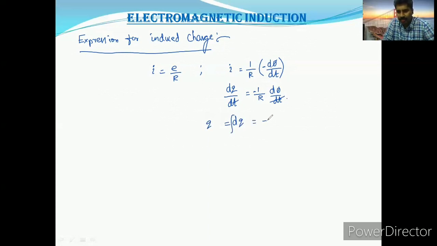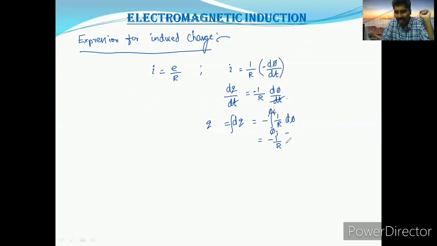Now this is minus 1 by R integral of d phi. Minus 1 by R is outside. Integration of d phi means initial to final, so the limits are initial to final.